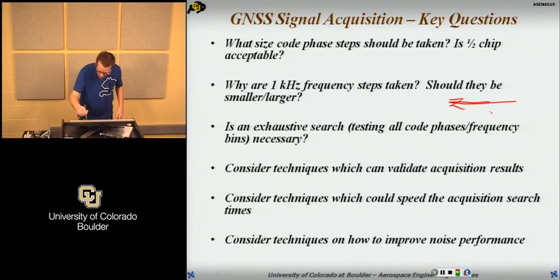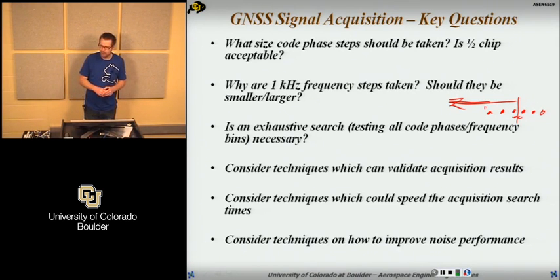So this is our steps, 1 kilohertz. And regardless of where the signal actually is, we're always going to be within 500 hertz. Does that make sense? And the same kind of logic goes for the code phase step.